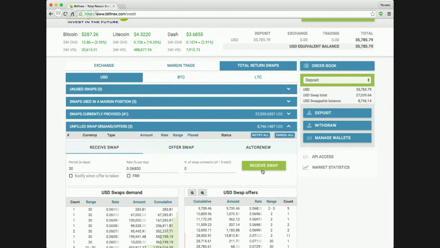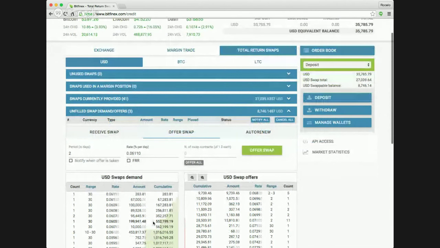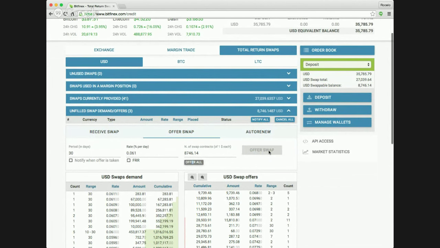We come here, and we're going to say offer swap. On offer swap, I will take, for example, this one. I will choose 30 days, agree to receive 0.061, and offer all the money that I have available, which is that amount. Then I'll offer that.